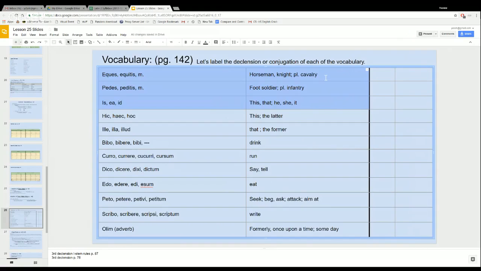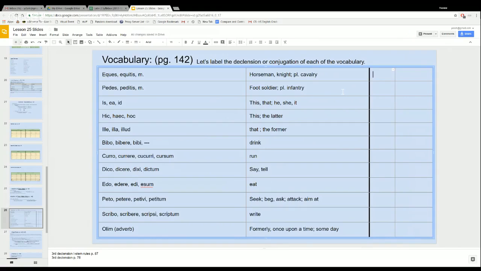Calvary is the hill where our Lord died, but cavalry are horsemen. Pedes, peditis: foot soldier, infantry. Is, ea, id: this, that, he, she, it.